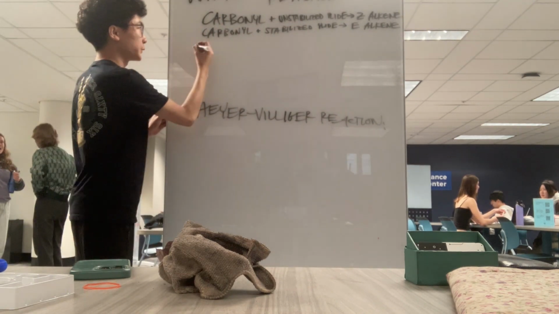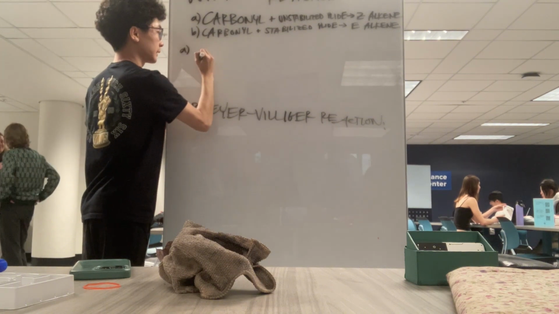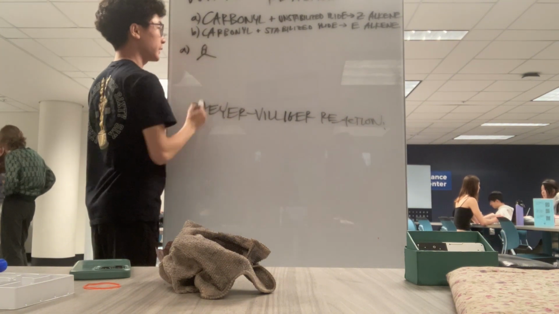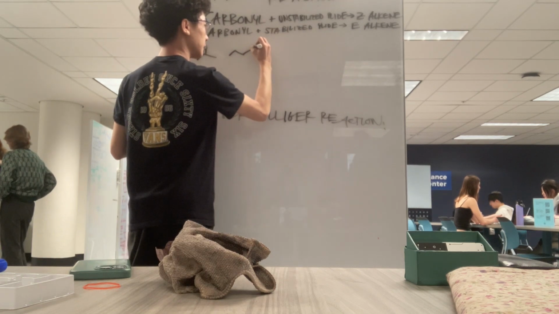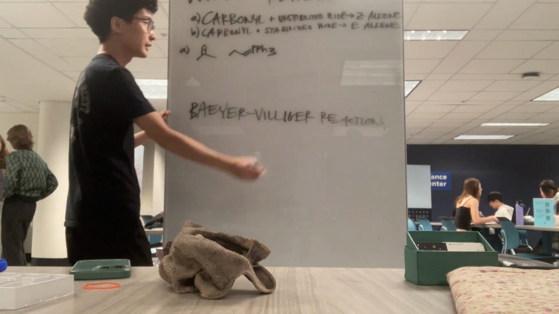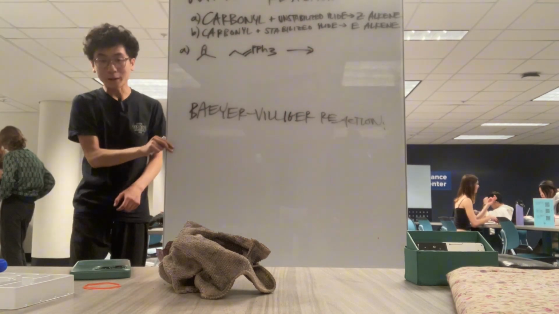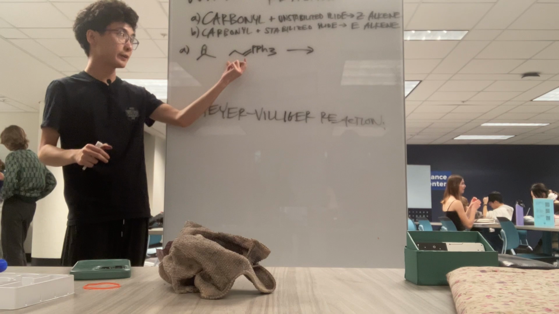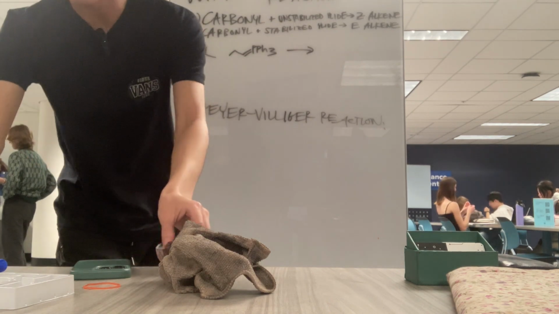So let me show you both scenarios. If I have this carbonyl here, and I have this ylid right there, when they react with each other, that's the only reagents that you're going to see.